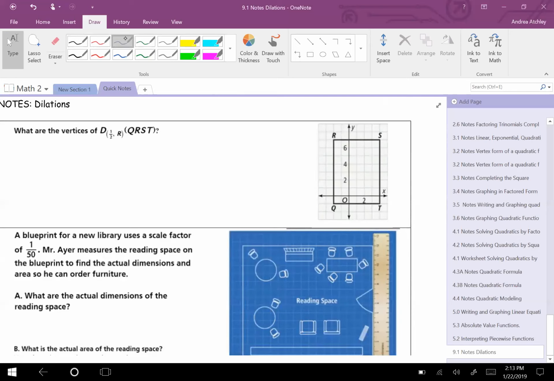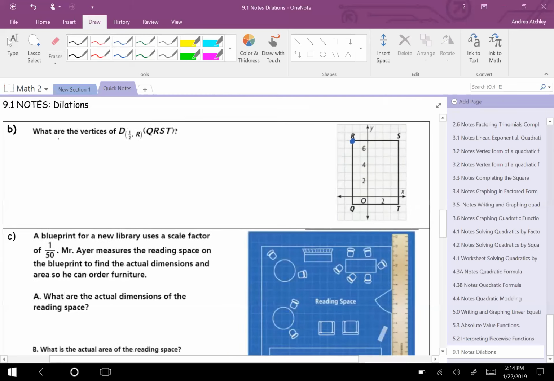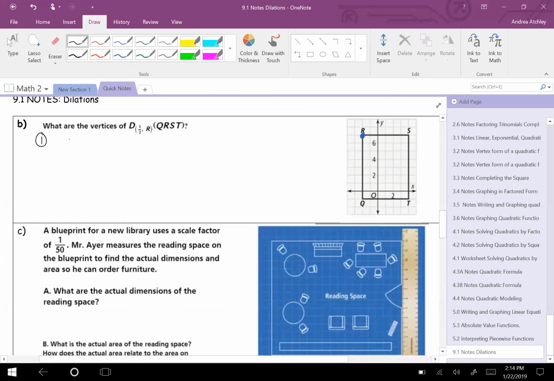And here's my center point right here. So step 1, find the length of RQ.